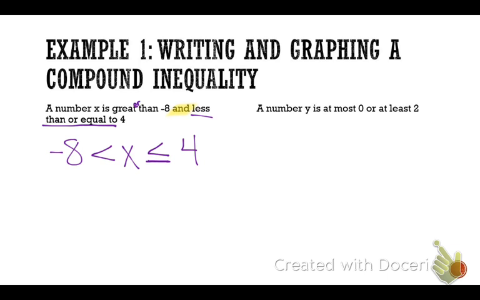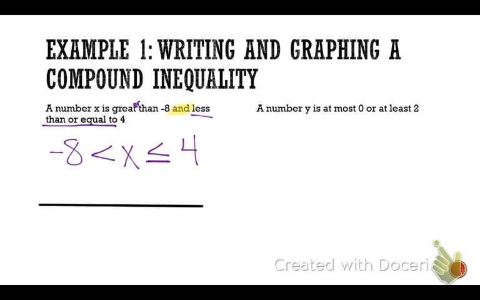And I'm going to show that on a number line. The way I graph compound inequalities is a little different. I'm going to graph what's called boundary values, because with a compound inequality, my answers don't necessarily go to infinity. There are boundaries for my solution.